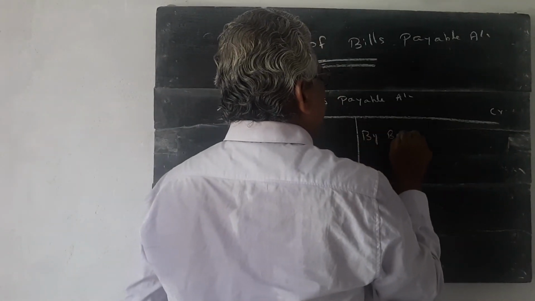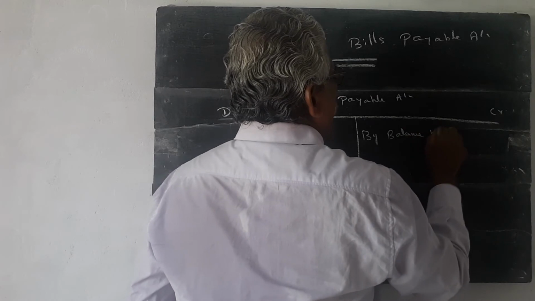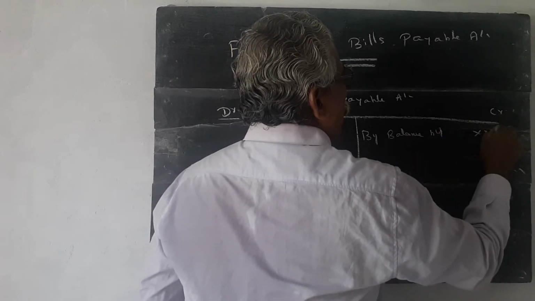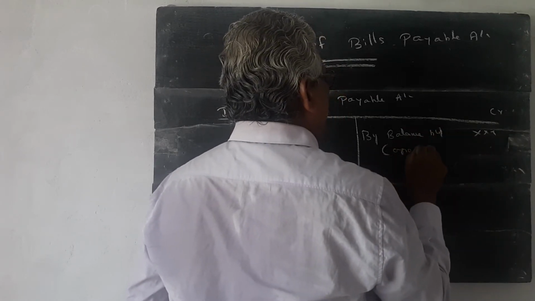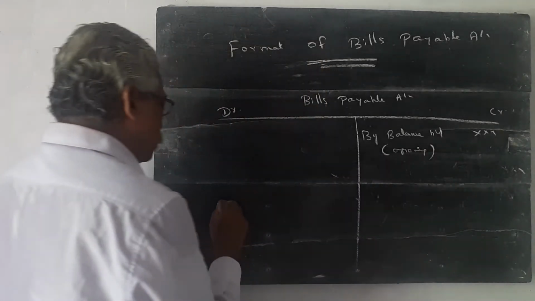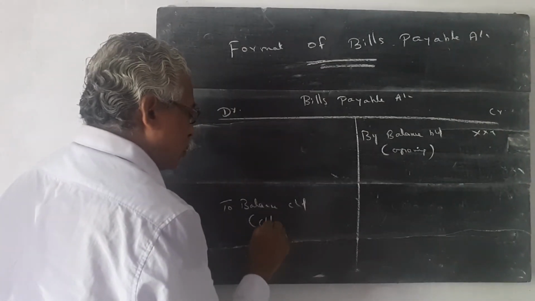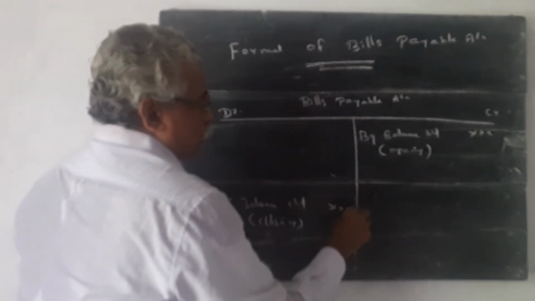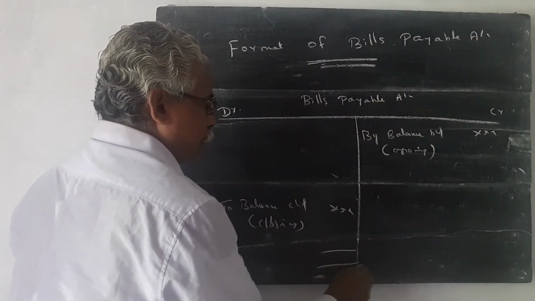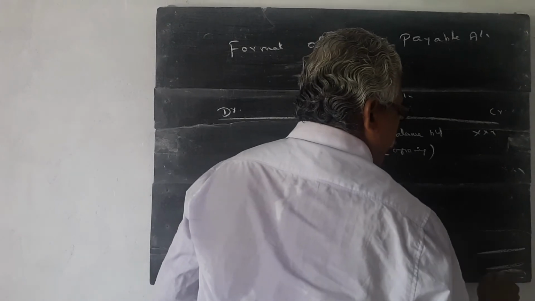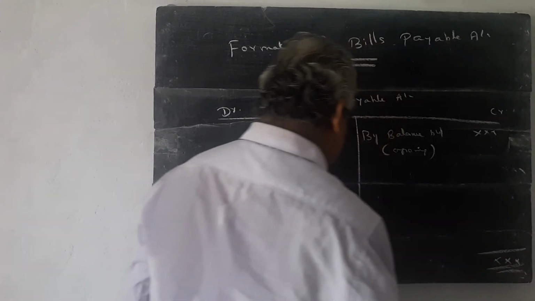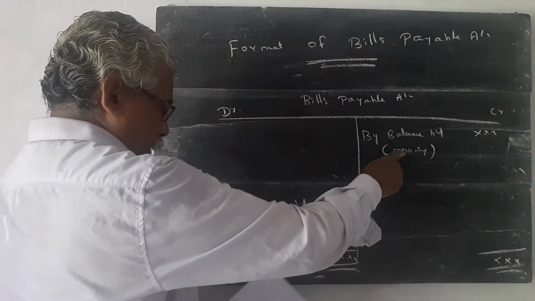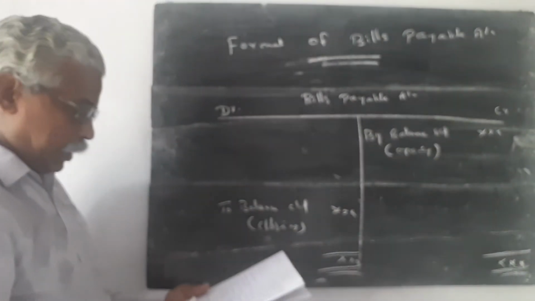By balance brought down, opening figure is entered here. To balance carried down, closing figure is entered here.